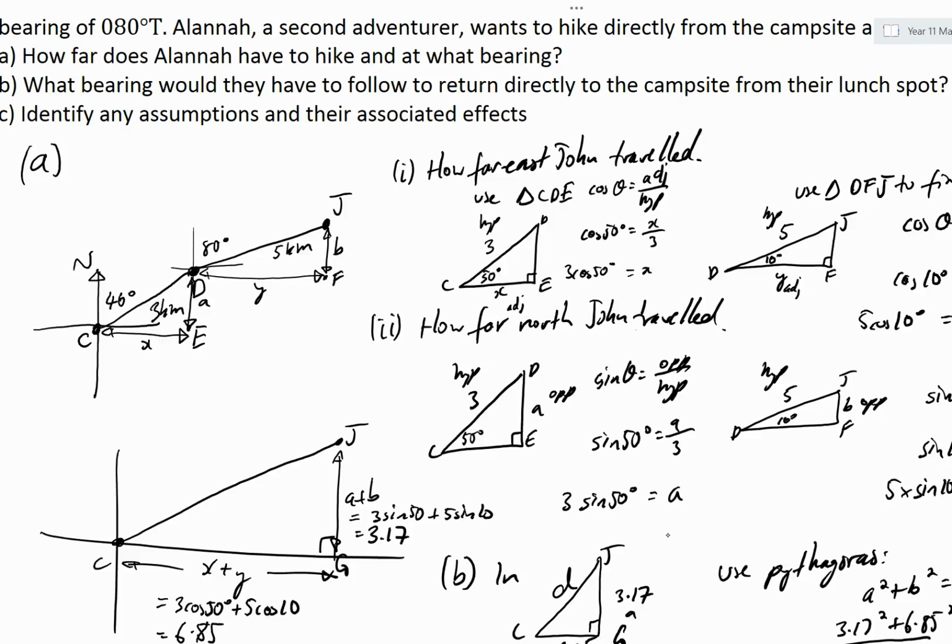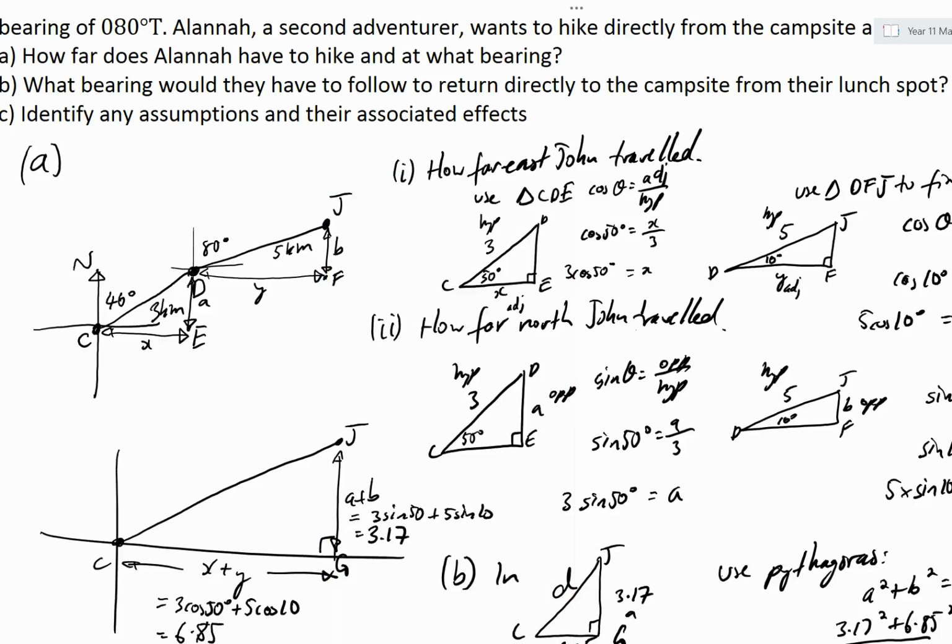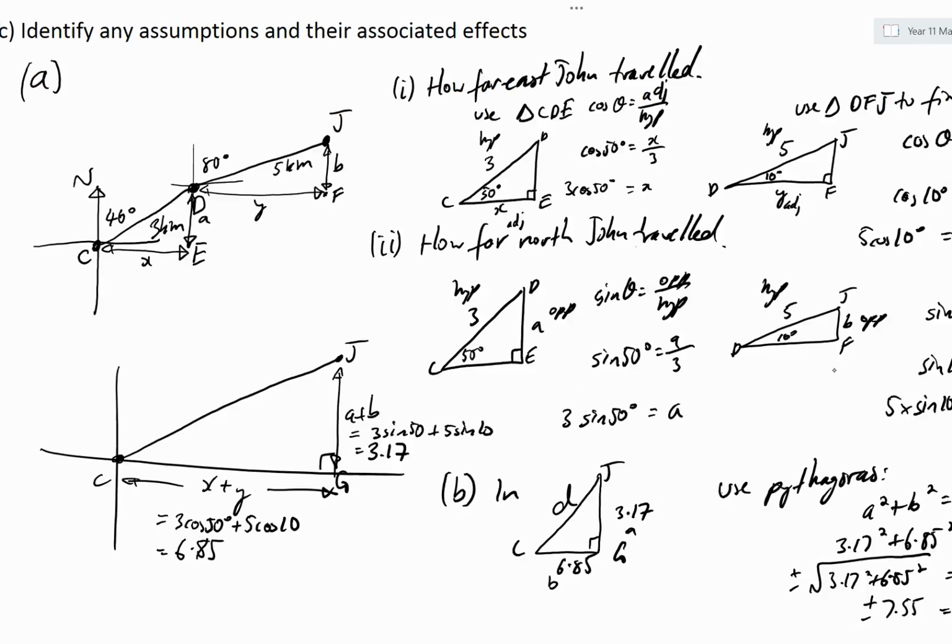Okay, take square root of both sides, always plus or minus square root. Okay, so type this in. Okay, so 7.55 kilometers, plus or minus 7.55.